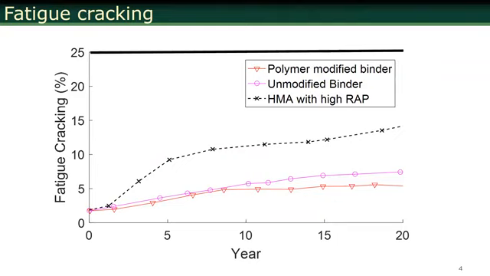And you can also look at the fatigue cracking prediction. This particular graph shows HMA with high RAP, an unmodified binder, and a modified binder. So you have a little bit less cracking in this particular case relative to the unmodified binder. But this particular study was not done by varying the material damage models.